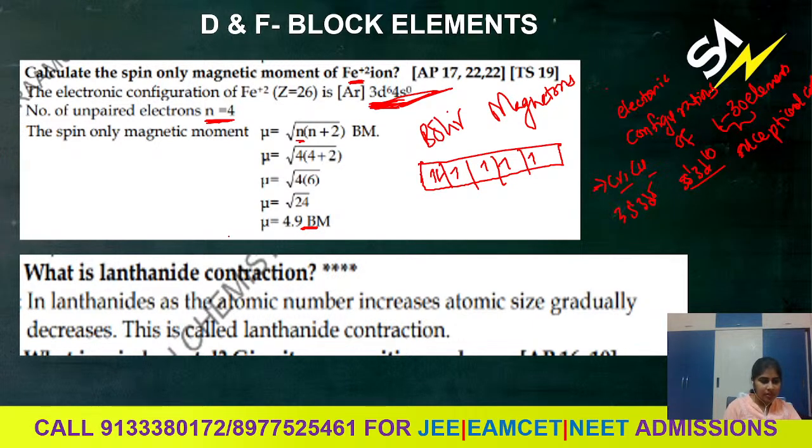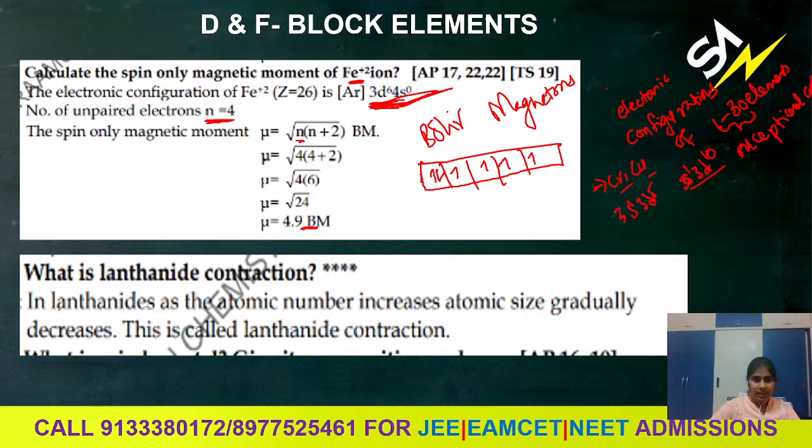And next we have one of the most important concepts of this d and f block elements, that is the lanthanide contraction. When it is given in very short answer questions, no need to expand much on this lanthanide contraction. Just define what is lanthanide contraction and where you can see it.